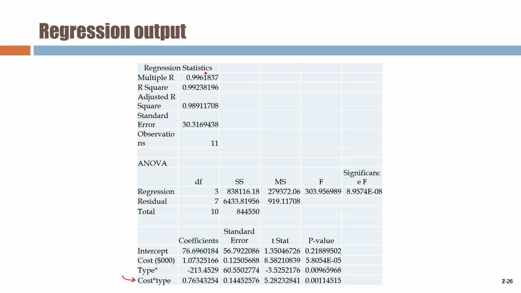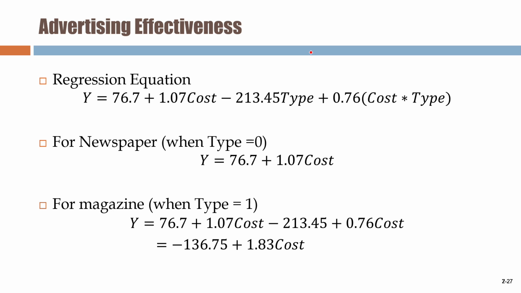Okay, so as you can see, the R square is pretty high. Everything is significant, right? So you can tell this is y equals, I have the equation here: y equals 76.7 plus 1.07 cost minus 213 type plus the interaction term.